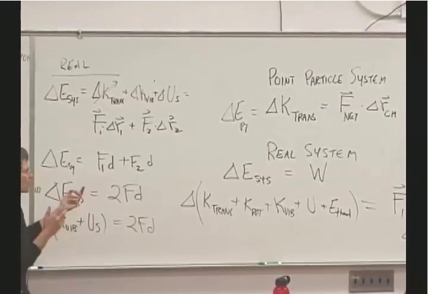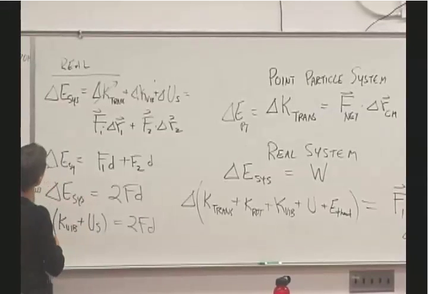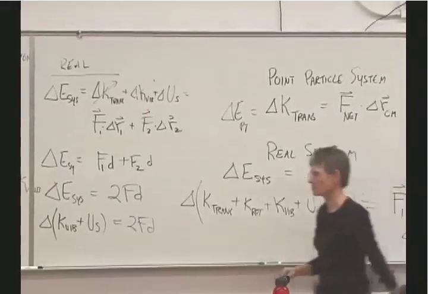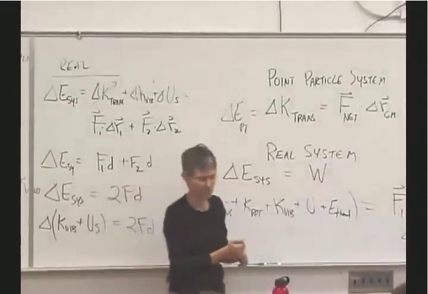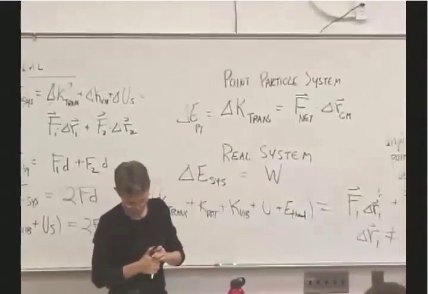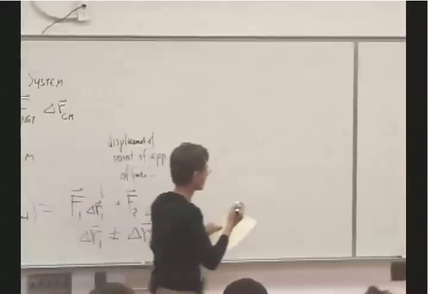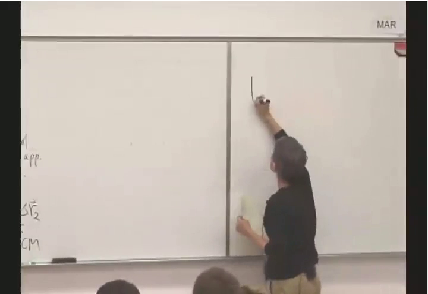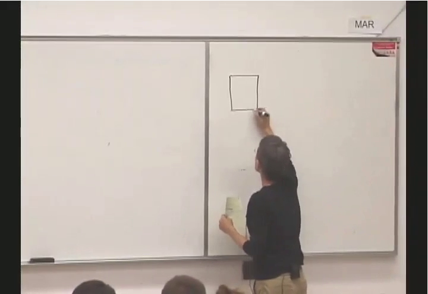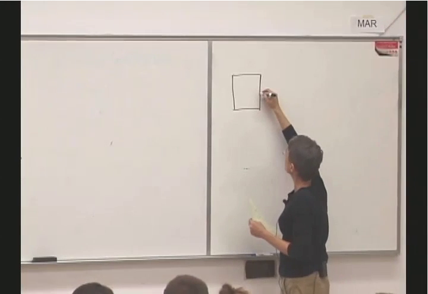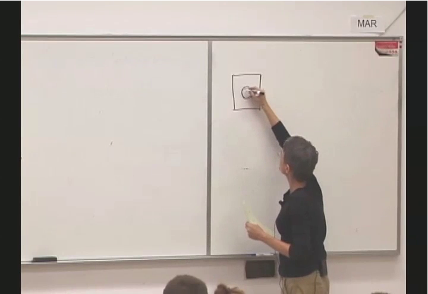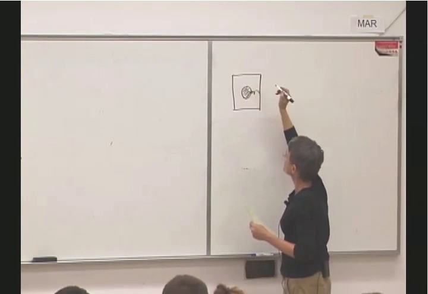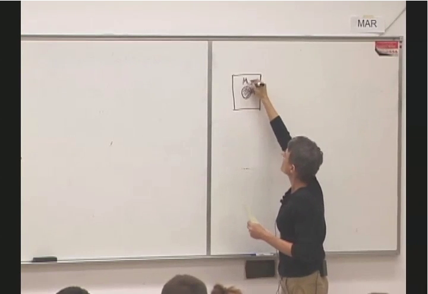Let's just work a sort of a complicated problem. Okay, this example's in the book, but I think a guided tour isn't a bad idea. In fact, there are quite a lot of examples in the book. So here we have a device that's sort of complicated. It's a box that has very low mass. It's got a spring in it, and then there's a clay ball of mass m.